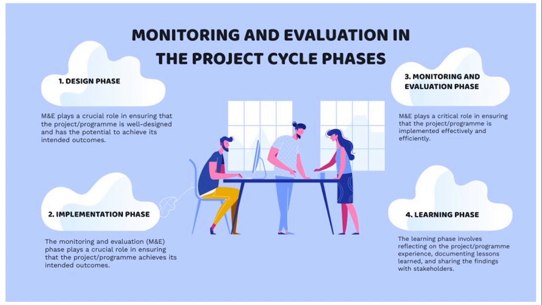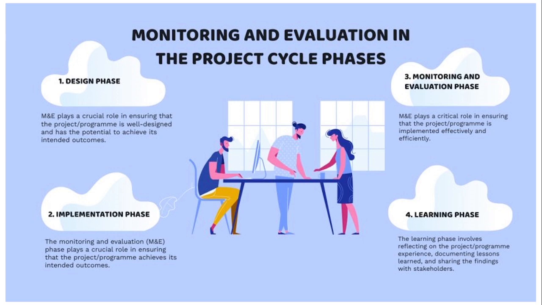Then in the design phase, you're responsible for identifying resources. M&E can help identify the resources required to implement a project or program successfully. These resources may include the human, financial, and material resources needed to achieve the project objective or program. Then 3 is developing a work plan. You as an M&E can help in the development of the project work plan.